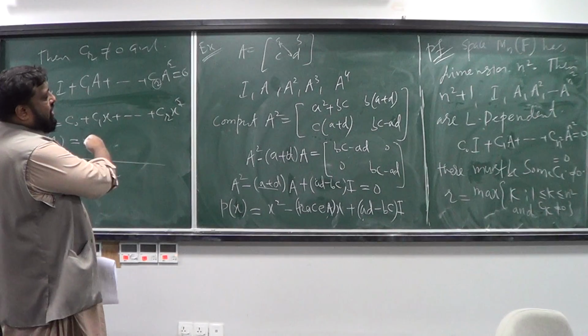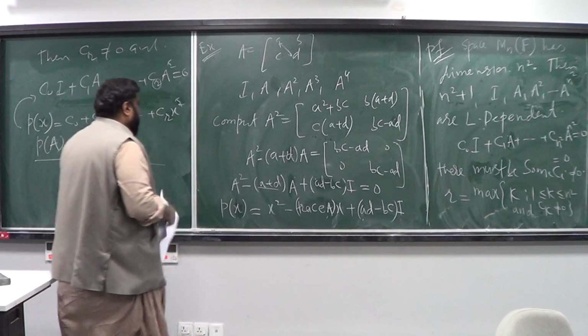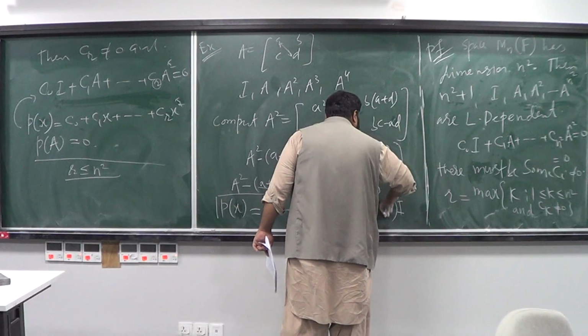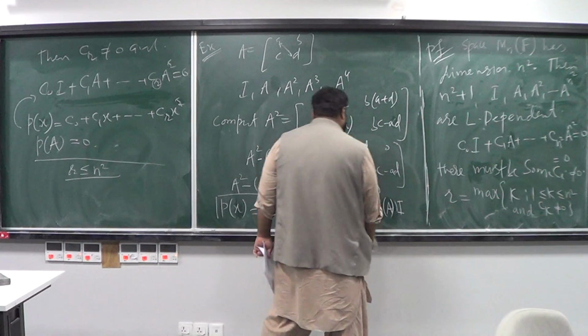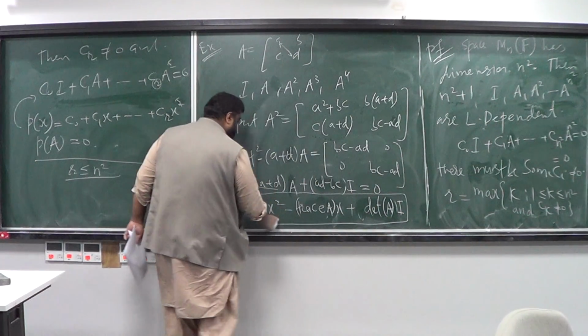If you bring them to the other side, it becomes AD minus BC. For any 2 by 2 matrix, this AD minus BC, you can also call it the determinant of the matrix A. So for a 2 by 2 matrix, this is an annihilating polynomial.